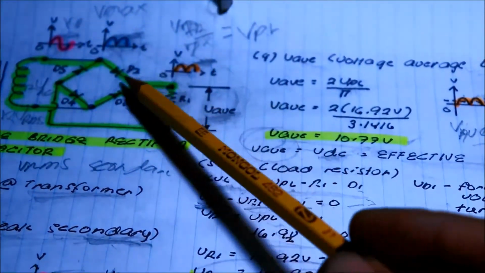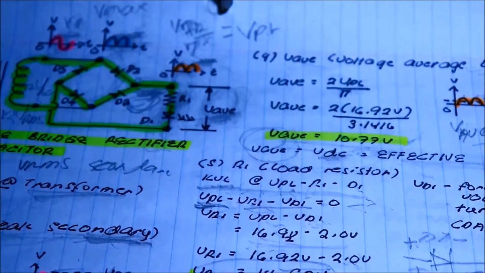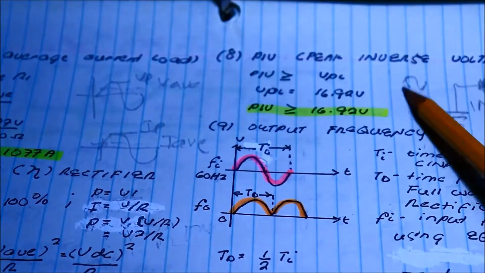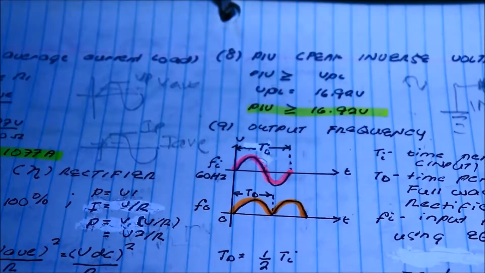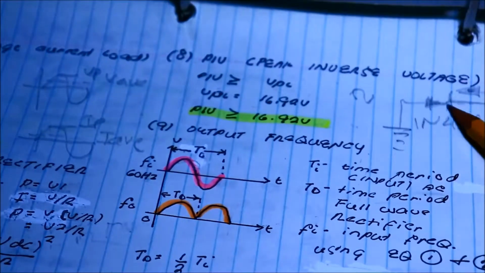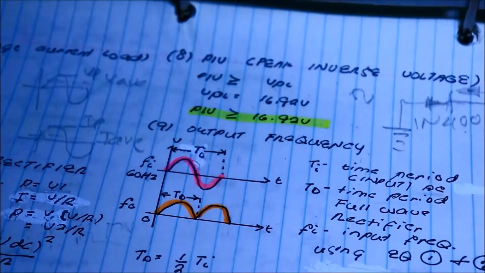it becomes reverse bias. And this PIV refers to how durable the diode is, how well it will withstand the reverse bias condition of the diode during the reversal of the wave.